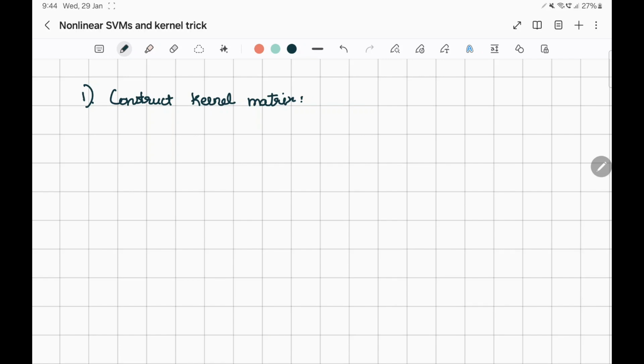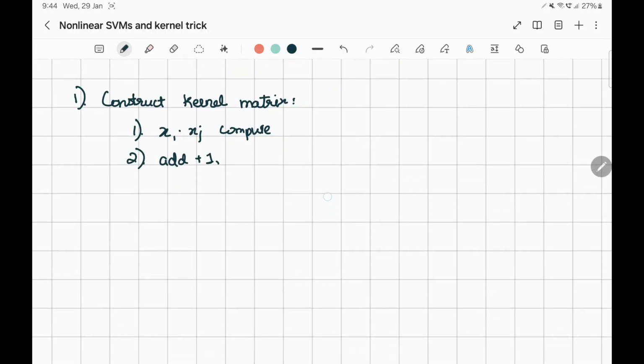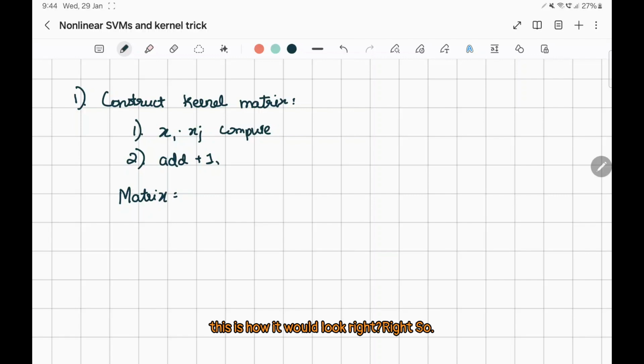So let's compute it step by step. Compute xi xj, add +1. If you construct the matrix, this is how it would look.